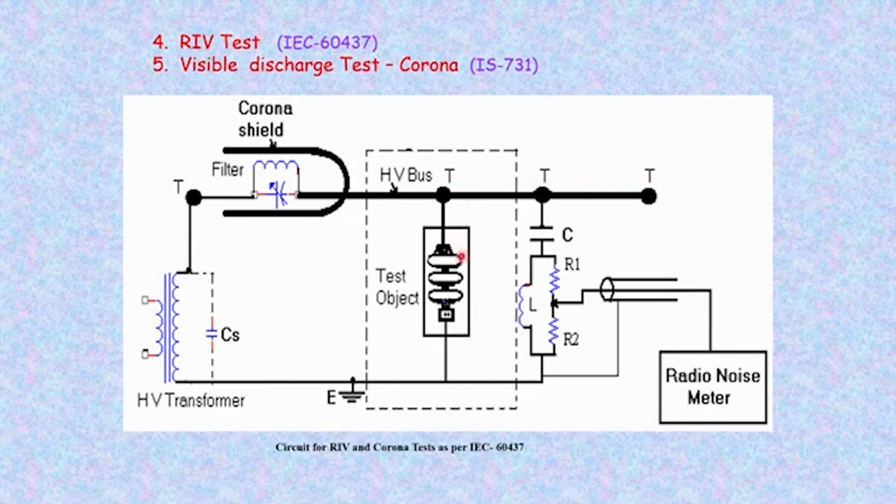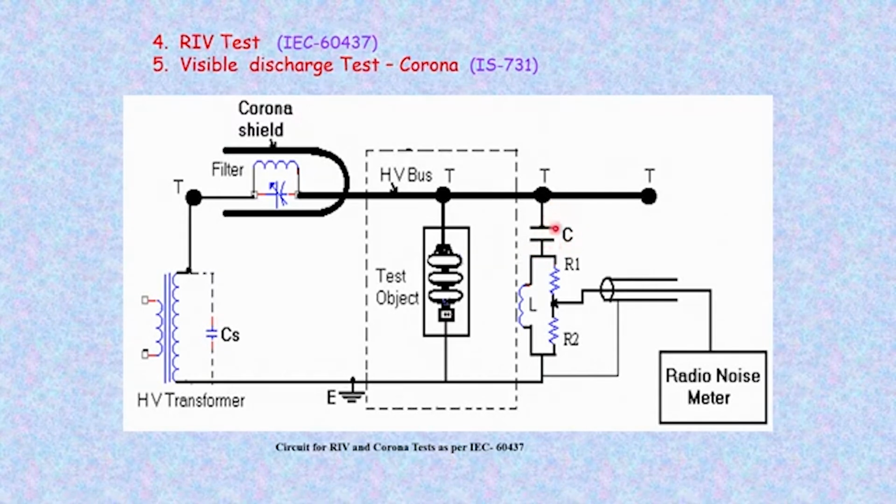The test object could be a circuit breaker, an insulator string or any of these things, connected between the high voltage bus and the ground. Then you have a coupling capacitor, whose requirements we will be discussing.